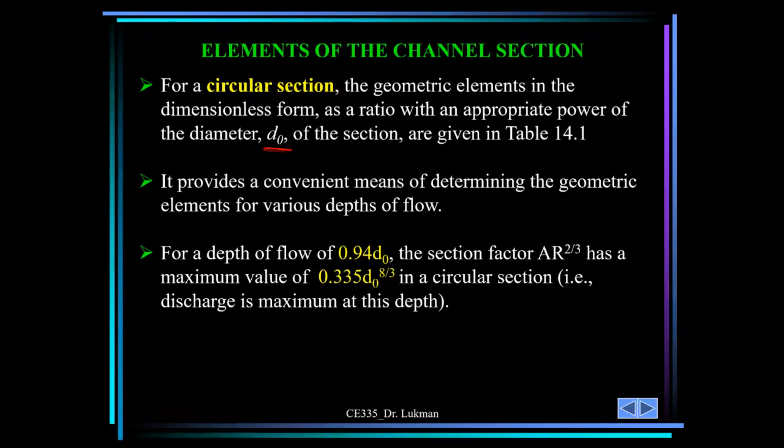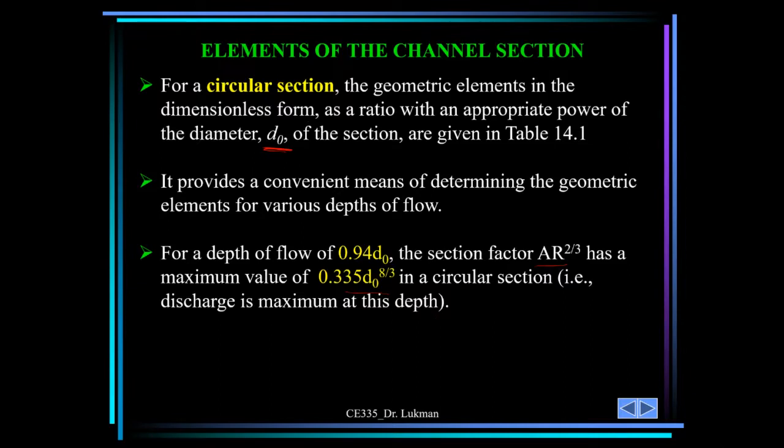So for a depth of flow of 0.94 d, section factor A R to the power of 2 over 3 has a maximum value of 0.335 d naught to the power of 8 over 3 in a circular section. That is, discharge is maximum at this depth.